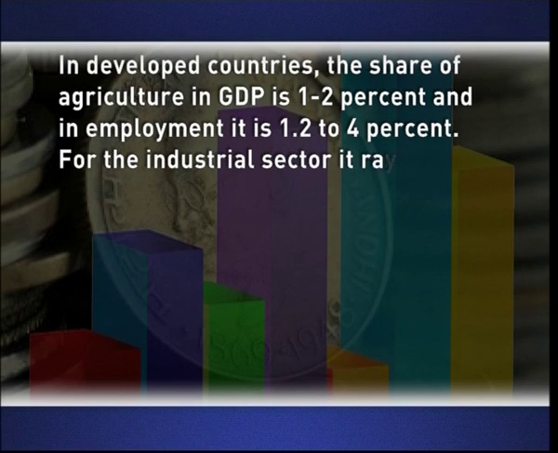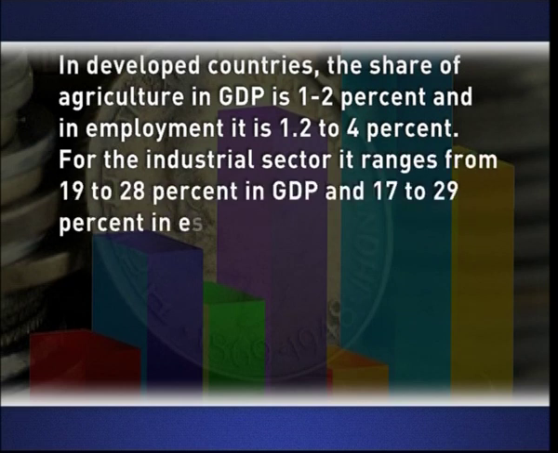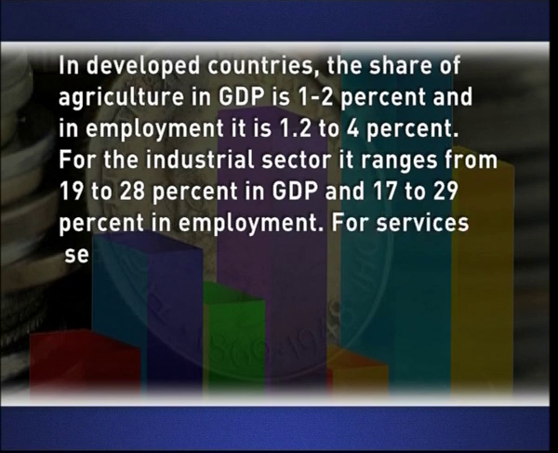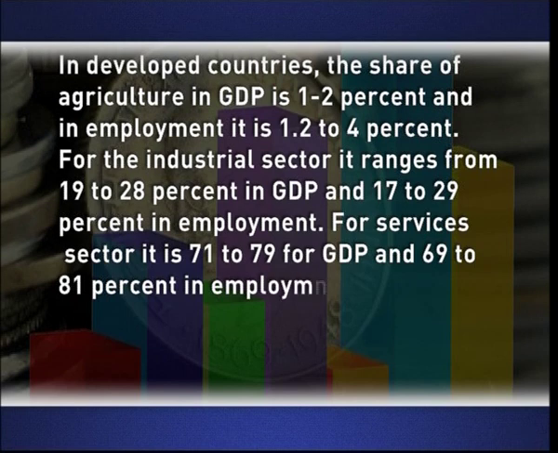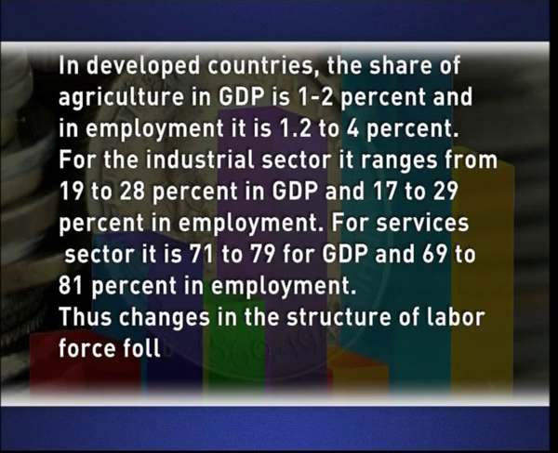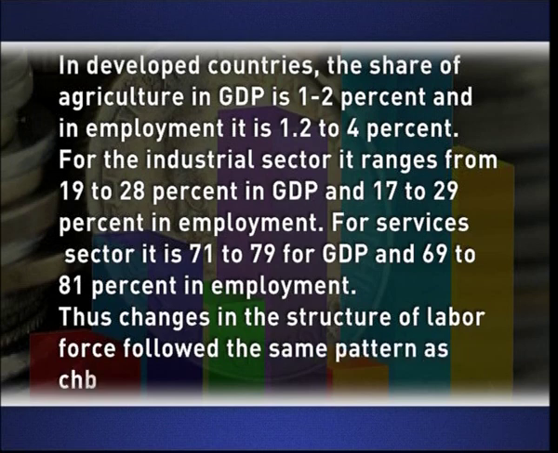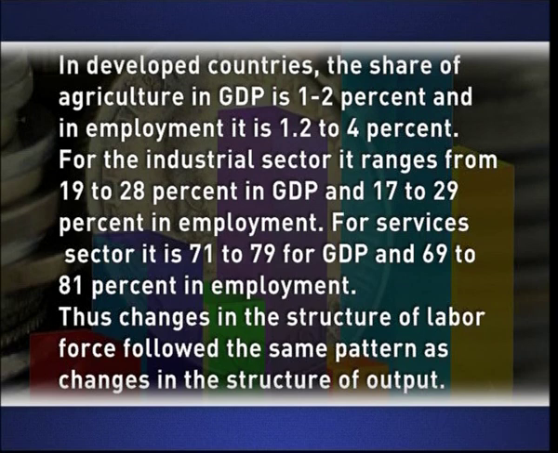For the industrial sector, it ranges from 19 to 28% in GDP and 17 to 29% in employment. For the services sector, it is 71 to 79% for GDP and 69 to 81% in employment. Thus, changes in the structure of labor force followed the same pattern as changes in the structure of output.